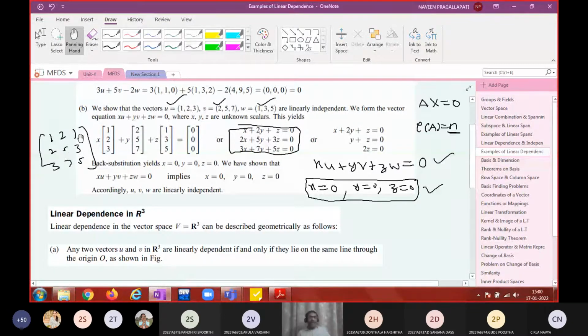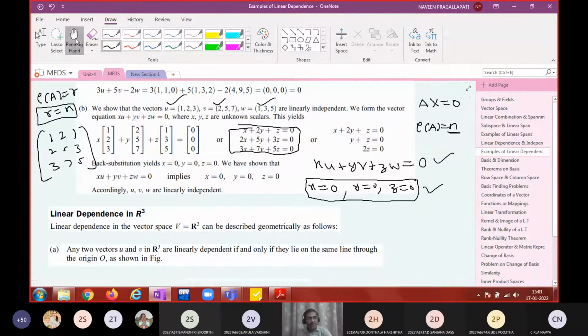If the determinant is turning out to be non-zero, then what will be the rank? What is the rank of a non-singular matrix A of order n? The rank is r, and when this r becomes n, A is non-singular, if it is a square matrix.